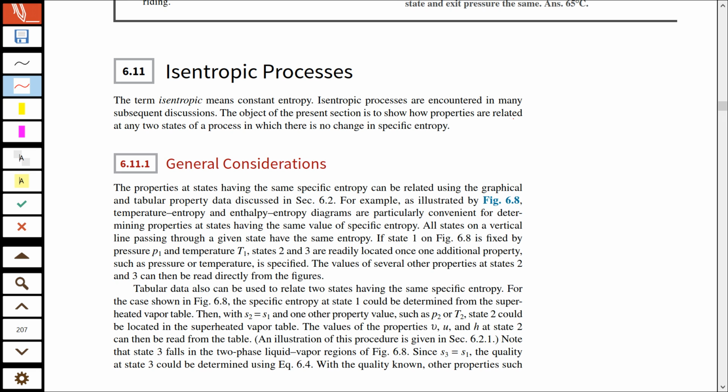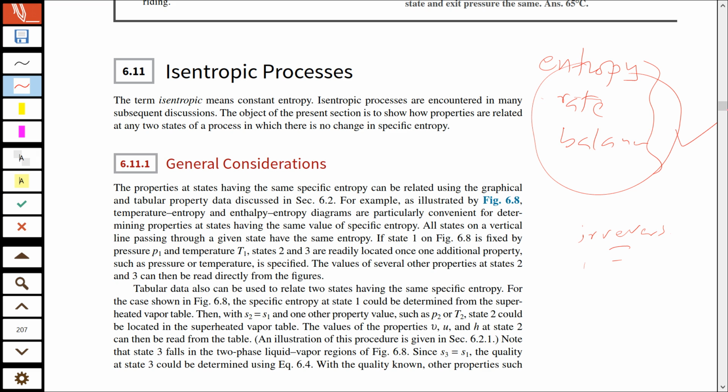That's the whole purpose of this discussion. Entropy rate balance, because you already know the other two rate balances, and it's just an appreciation of why entropy rate balance is so important, because most of the problems which involve irreversibilities cannot be solved without using this rate balance.